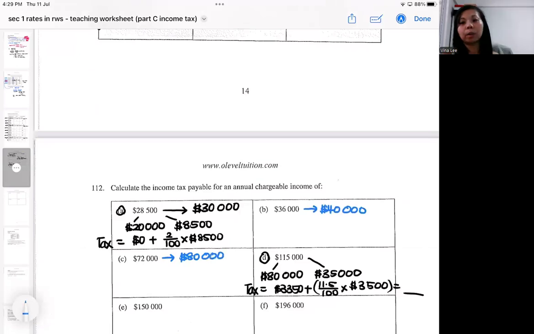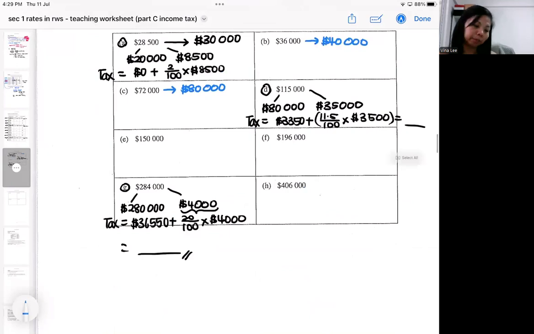So the bracket should be higher than the chargeable income. The chargeable income should be lower than the bracket. So this is how you choose and then how you calculate.